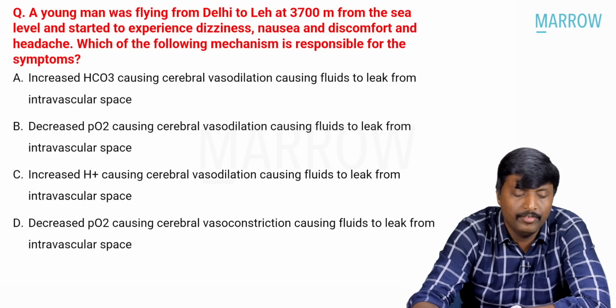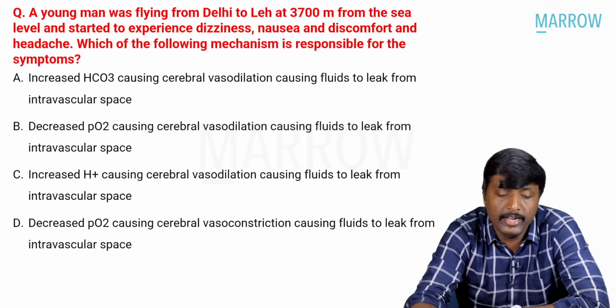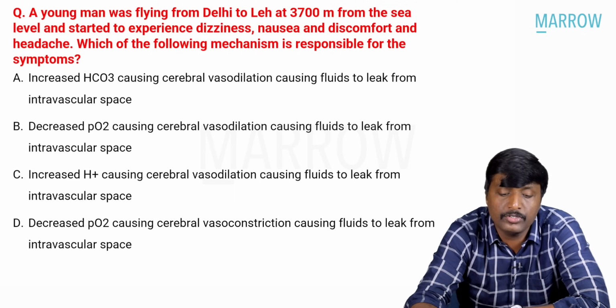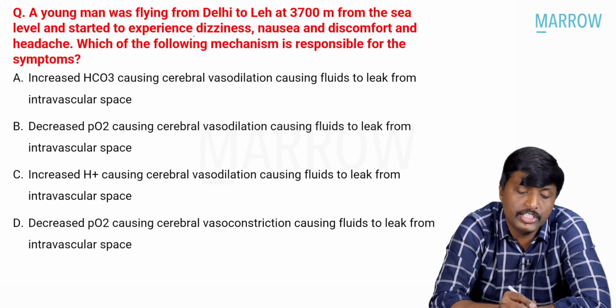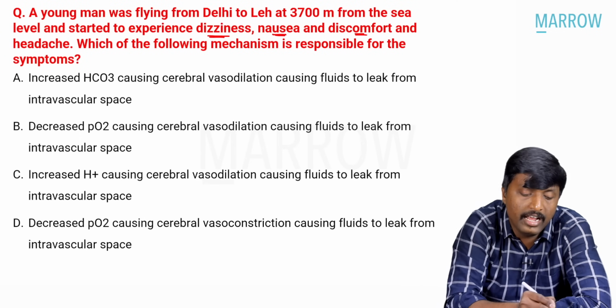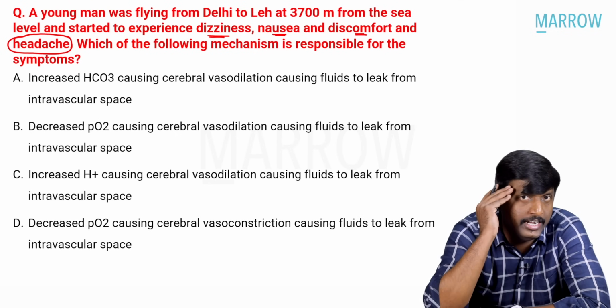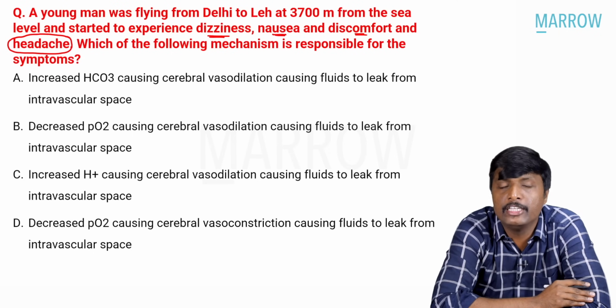Next question from environmental physiology. A young man was flying from Delhi to Leh at 3,700 meters from sea level and started to experience dizziness, nausea, discomfort and headache. This is very important. Headache, something related to the cerebral circulation.